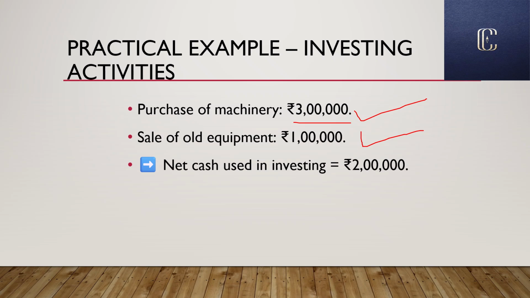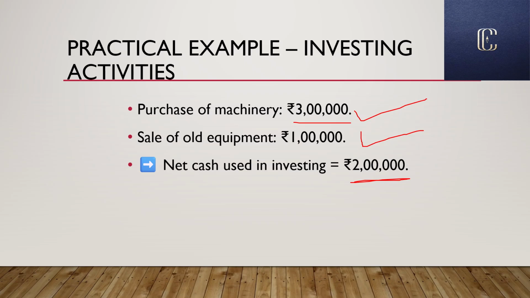The 1 lakh rupees is the cash inflow. So net investing cash flow is 1 lakh minus 3 lakh, which is minus 2 lakh rupees. A negative sign means cash used in investing activities. This is the negative 2 lakh rupees.